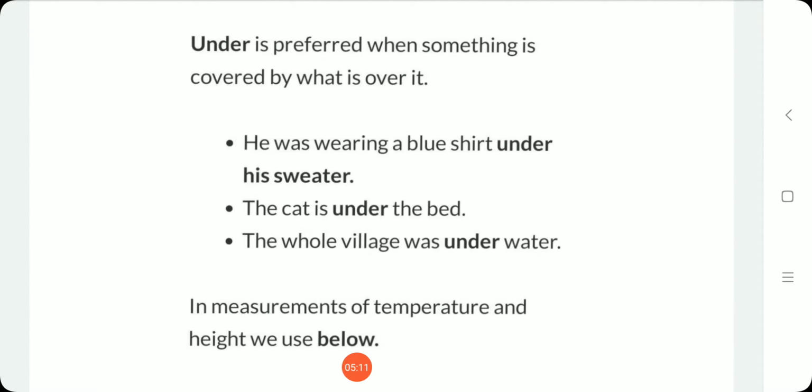Listen: he was wearing a blue shirt under his sweater. Whether this blue shirt will be touching the sweater or not, definitely it will be touching. So it is covered by something, is it or not?